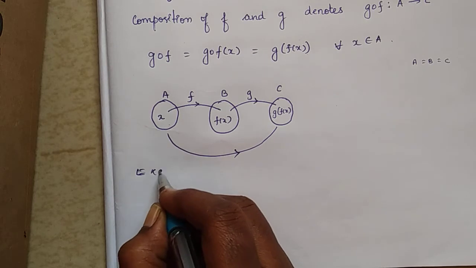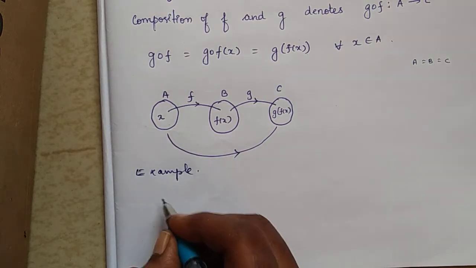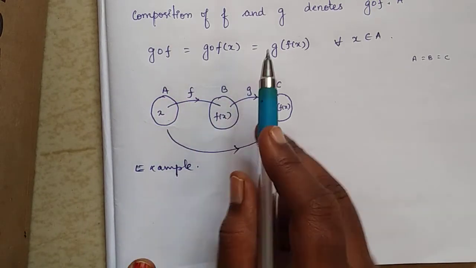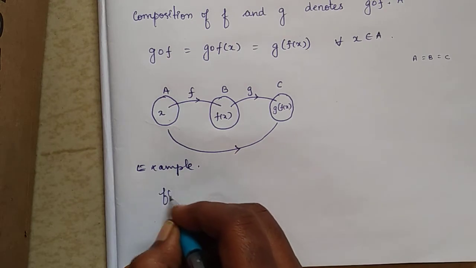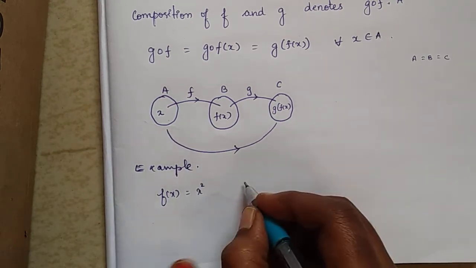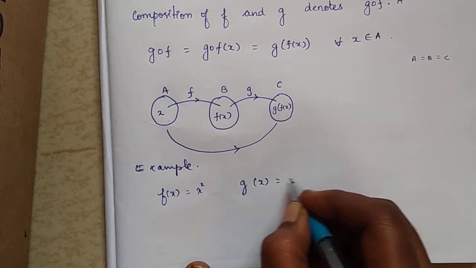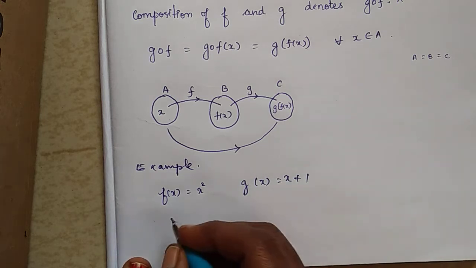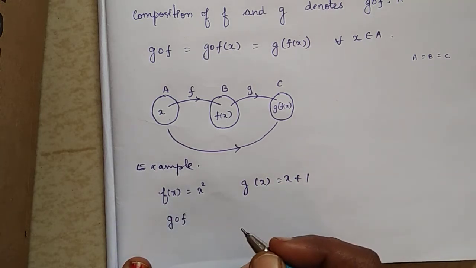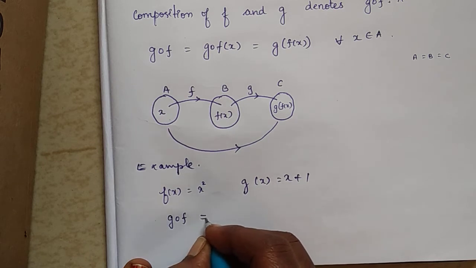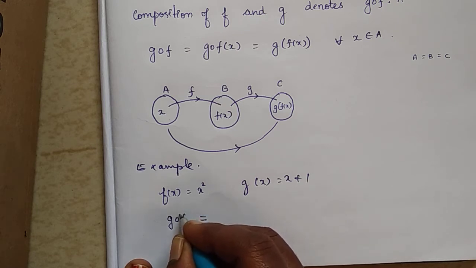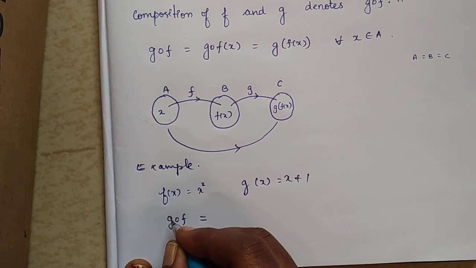Now see here, example. Now how to apply g of f of x, let us see. Let us take the function f of x is equal to x square and g of x is equal to x plus 1. Now see here, g of f means take the value of f of x and substitute it in the function g.